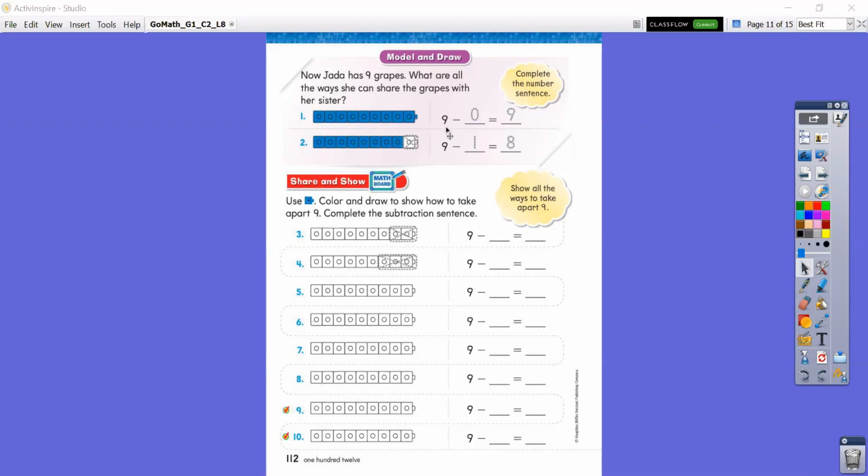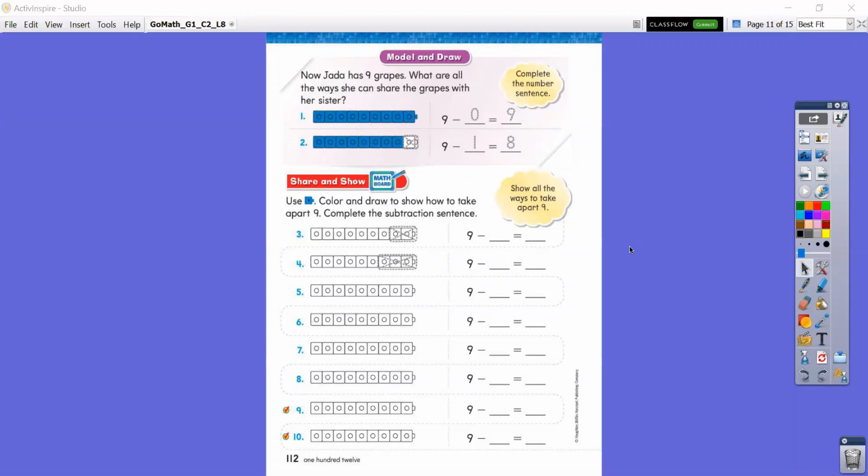So we would say 9 take away 0 equals 9. If she doesn't share, she's keeping all 9 for herself. This time, we're still starting with 9, but one of them is white. So that's the one we're going to be taking away. 9 take away 1, so she's going to share 1 grape, equals 8. She will keep 8 for herself.